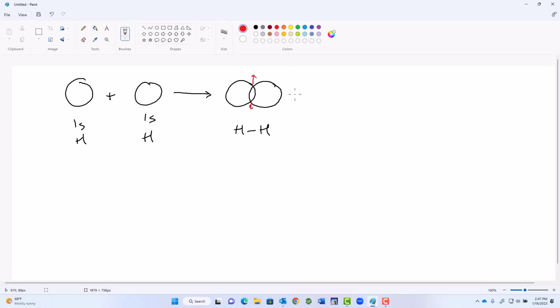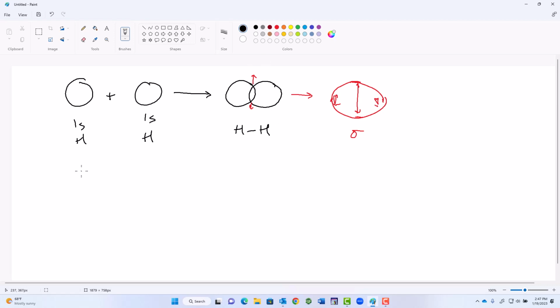So what our overall molecular orbital would look like is we have something that's large in the middle and smaller on the side. So we get kind of this football shape that occurs. And this is what our sigma orbital looks like. So it's large in the center and kind of smaller off to the sides.